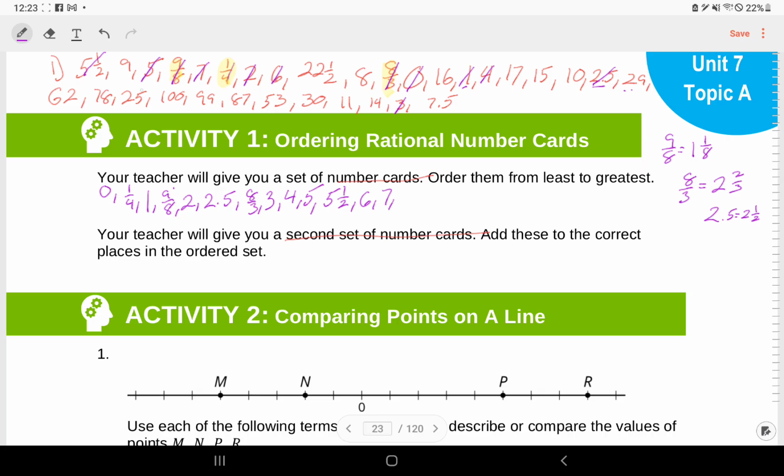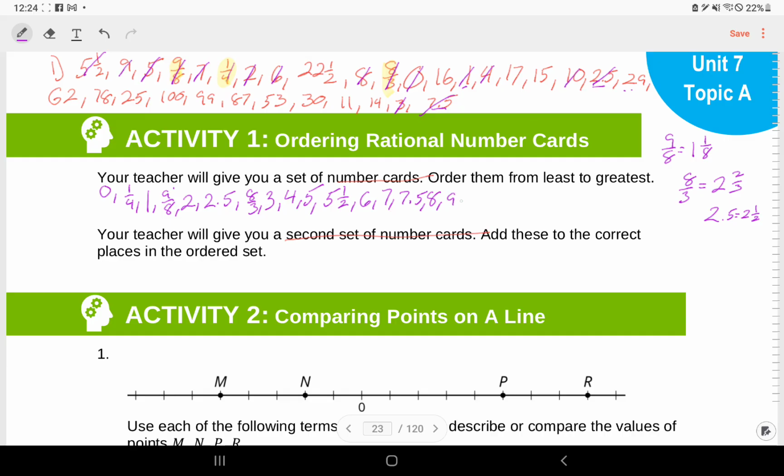And then we look, is there anything between 7 and 8? Yep, right here, there's a 7.5. So then we go to 8. Anything between 8 and 9? No. So we go to 9.